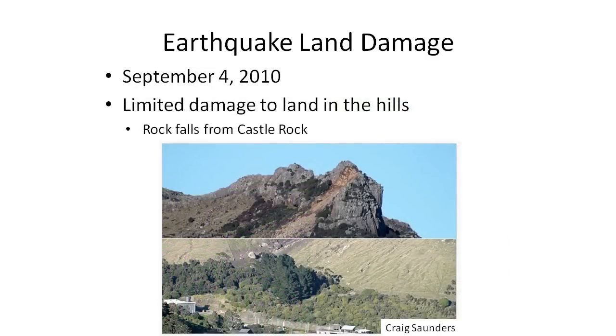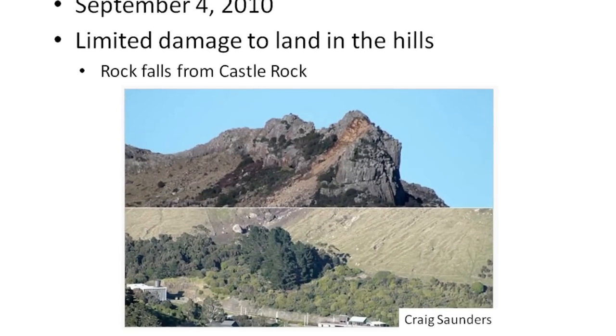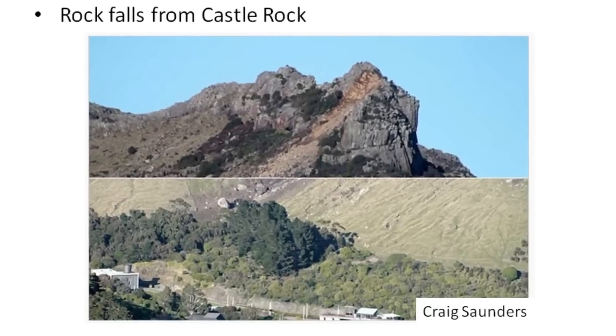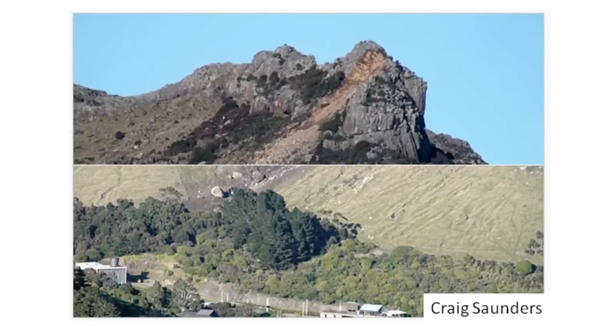There was also some limited damage to the Port Hills. This is a picture of some of the damage that we observed on Castle Rock. So there was some material at the top of Castle Rock that came down, and then this lower figure is showing some of the material down in the bottom of the valley near the portal to the Littleton tunnel.